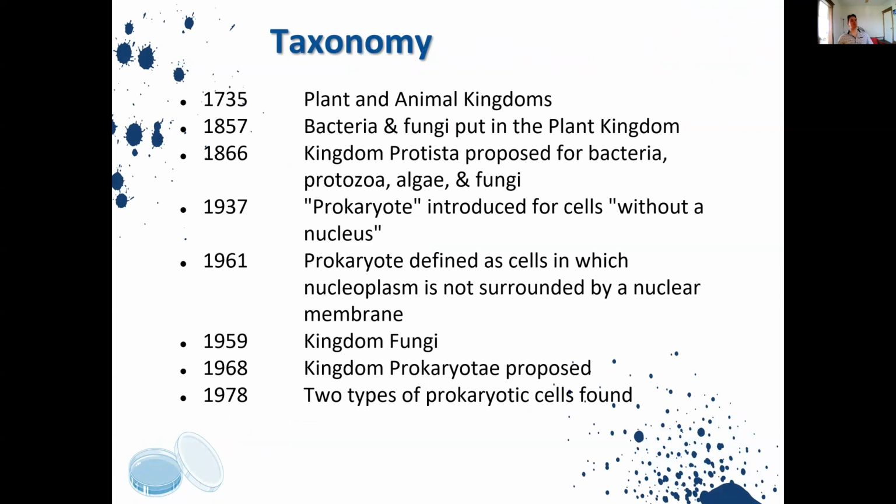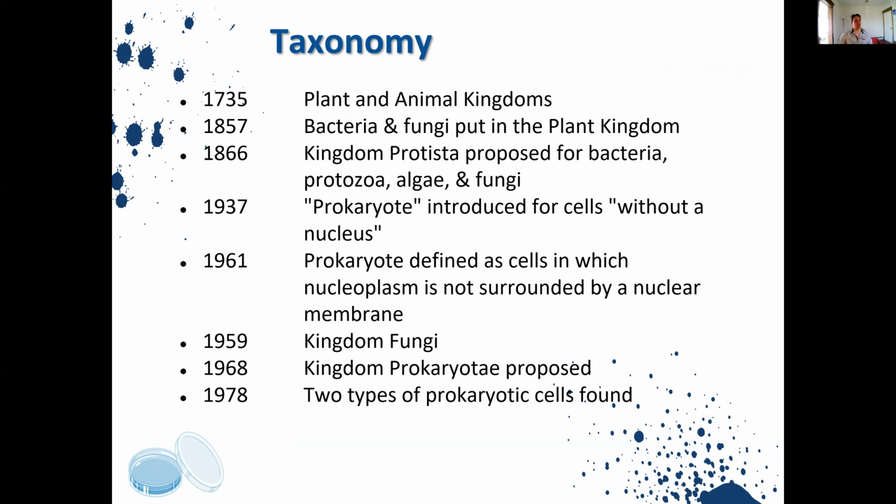So, some major dates in taxonomy, to show that taxonomic classification itself has evolved and improved over time. In 1735, we had two kingdoms: the plant and animal kingdoms. Then in 1857, bacteria and fungi were added, but they were put into the plant kingdom. Then in 1866, we had a new kingdom for protists, which was supposed to include bacteria, protozoa, algae, and fungi.